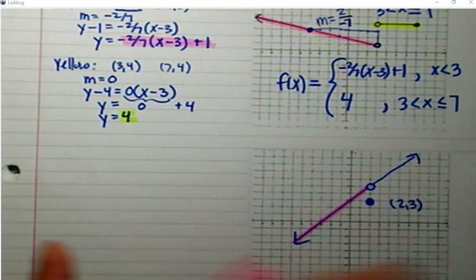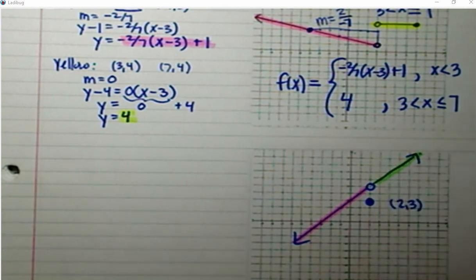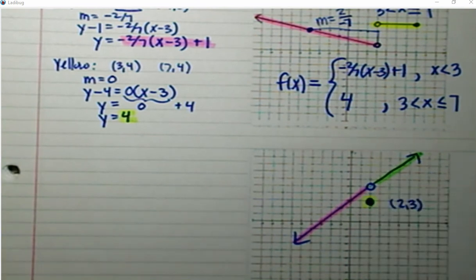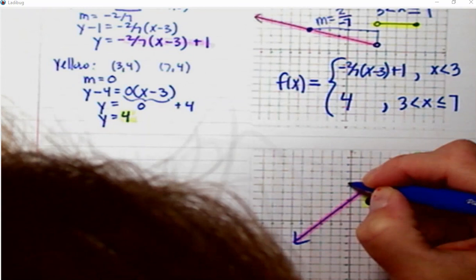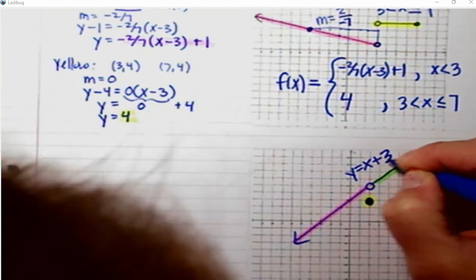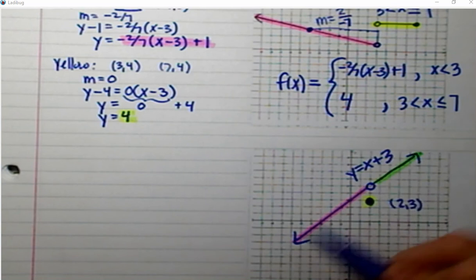You can do this in 2 different parts. You can think of it like this, and then I just have the point here. That's one way to consider this. Now I picked a pretty simple line. So this is the equation x plus 3. That's the equation of this line, and I can tell that this works.